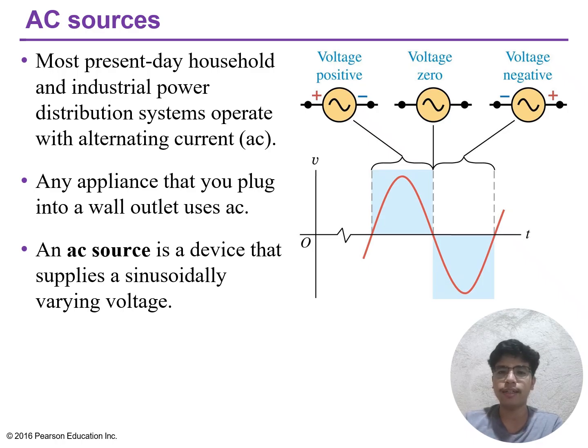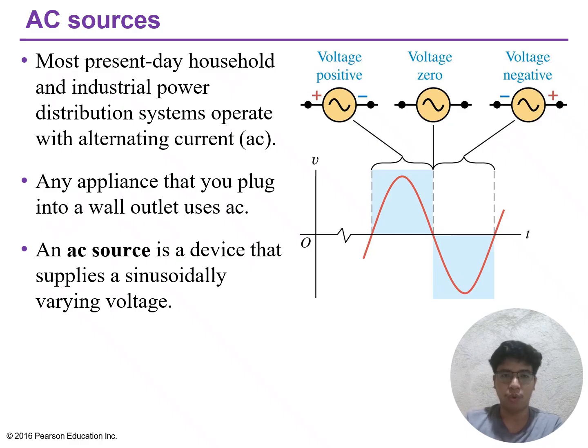AC's superiority for long-distance power transmission stems from the ability to use transformers to easily step voltage up or down without significant energy loss.